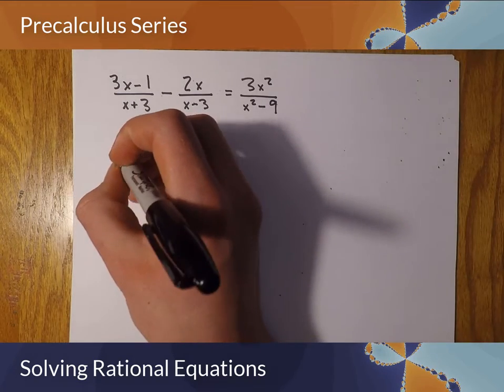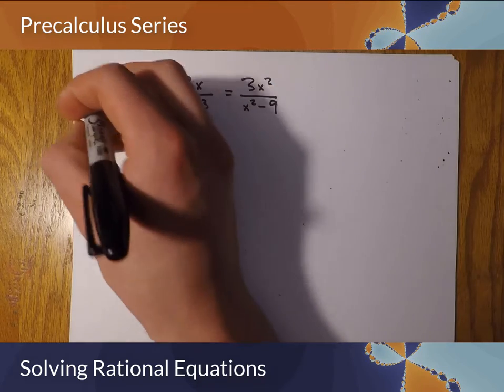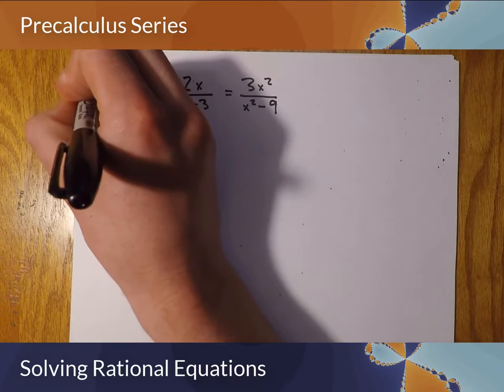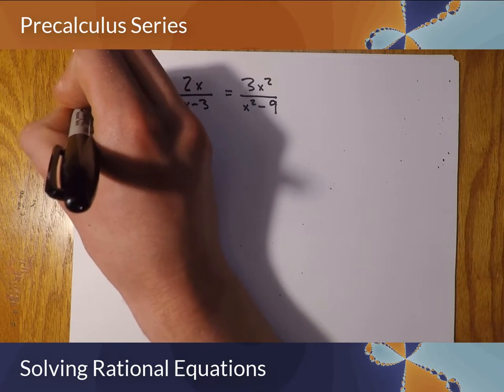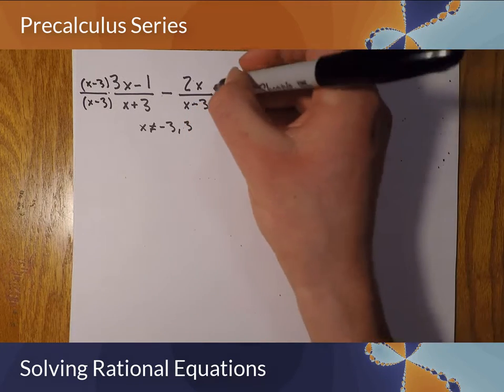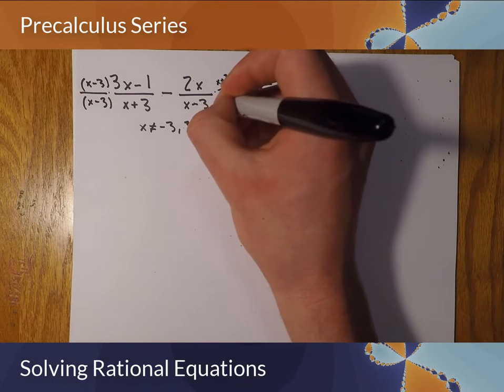So let's work with the left side first. First things first, we need to get a common denominator. So we multiply the numerator and denominator by a common factor of x minus 3, and we multiply the numerator and the denominator on this side by a common factor of x plus 3.